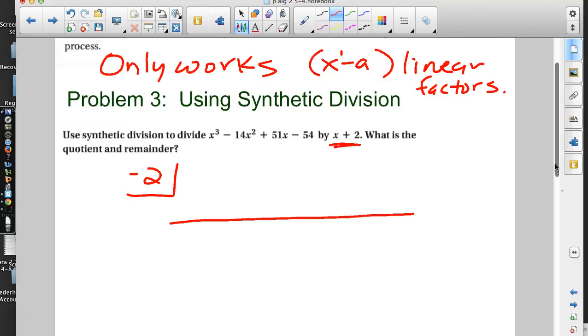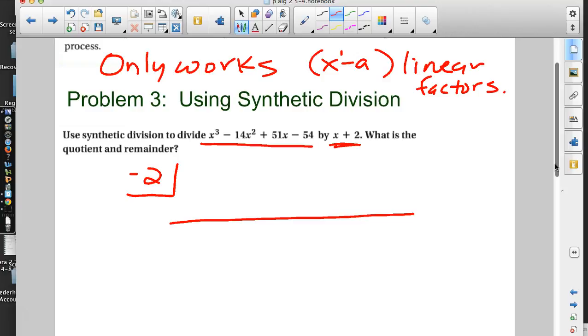And now here's the cool thing about synthetic division. What holds us back when we're working with this is all of the x's that are involved. And it actually, when you have a linear factor, works without the x's. So what you do is you look at what would normally be your dividend and you make sure that everything's there.